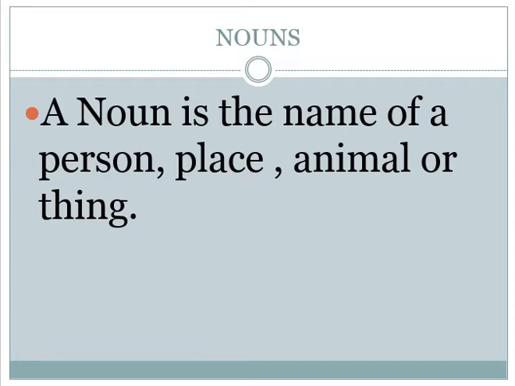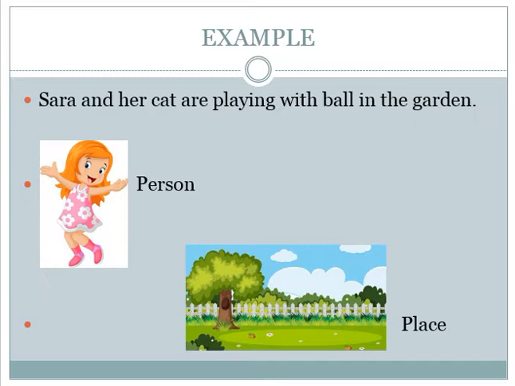Now let's see some examples. Sarah and her cat are playing with ball in the garden. Here, in this sentence, Sarah is the naming word for person and garden is the naming word for place.